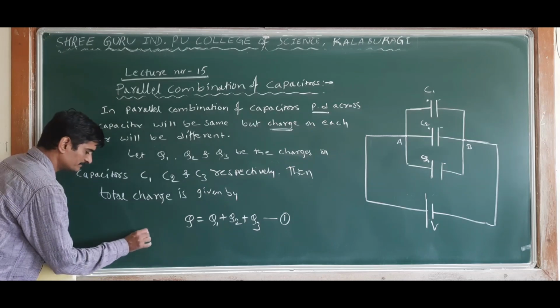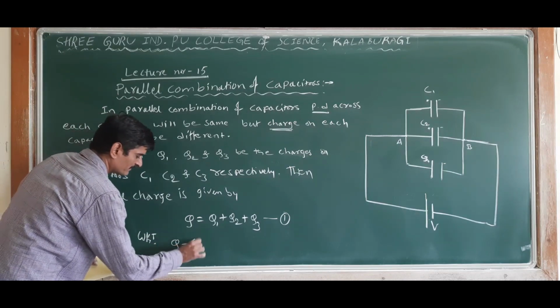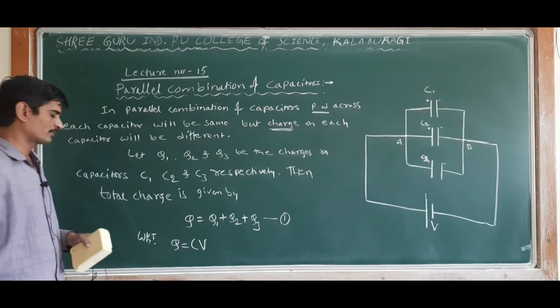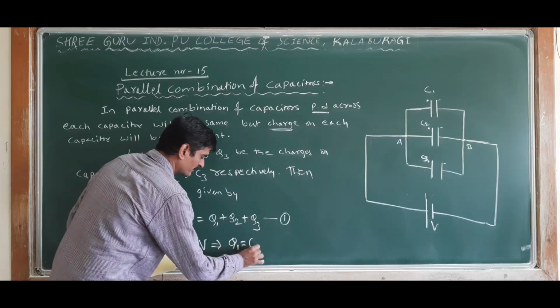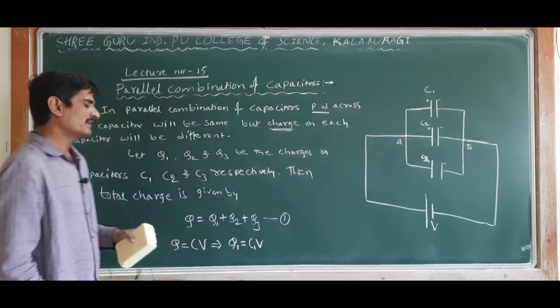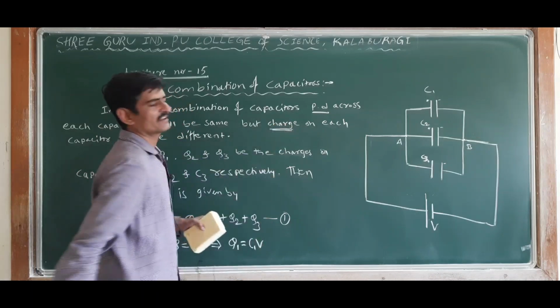We know that Q is equal to C into V. So therefore Q1 is equal to C1 into V, because the potential difference V is the same.